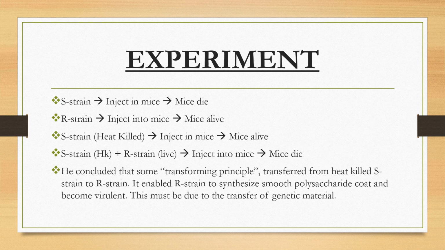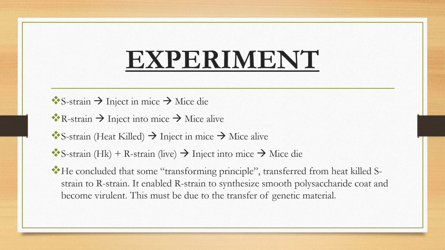Later on, heat-killed S strain were mixed with the R strain alive bacterium. The S strain killed one was mixed with the R strain alive, and then the mixture was injected into the mice body. He observed that the mice died.